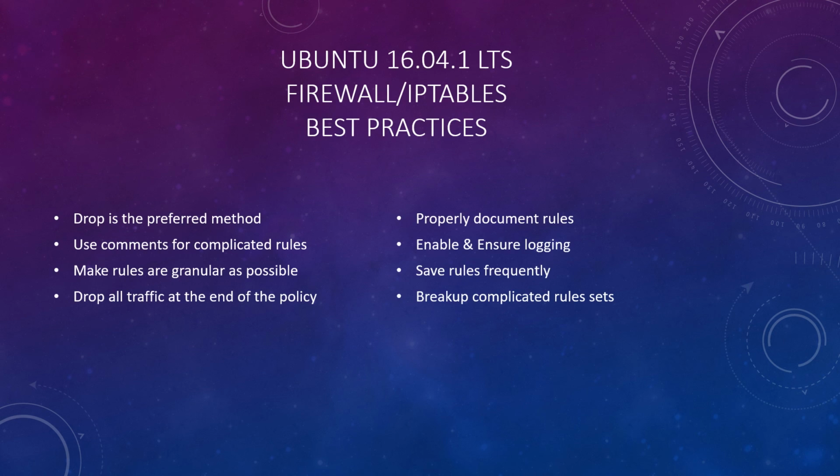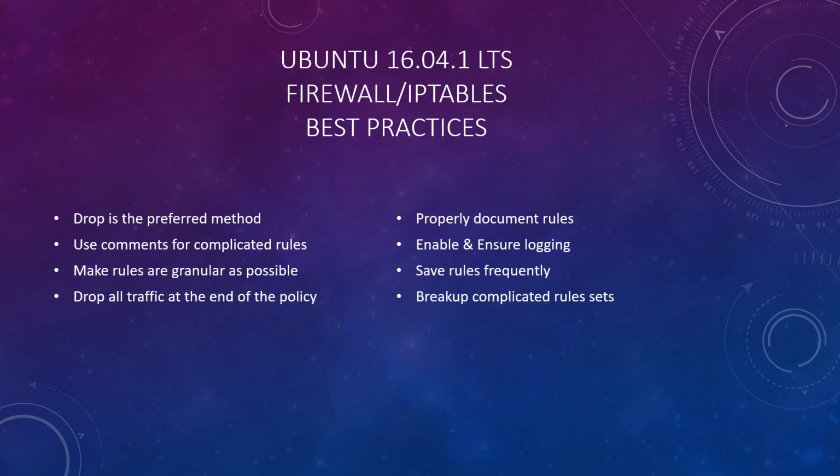Some of the best practices for the Ubuntu 16.04.1 LTS firewall, aka IP tables: the preferred method is to drop traffic, or not allow it through, without sending a reply back to the sender.